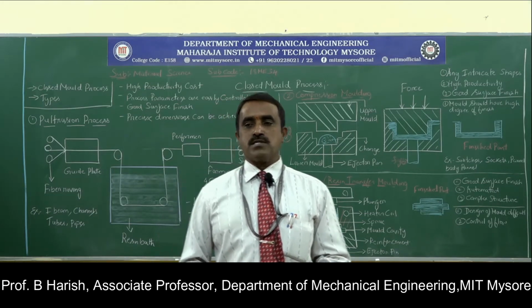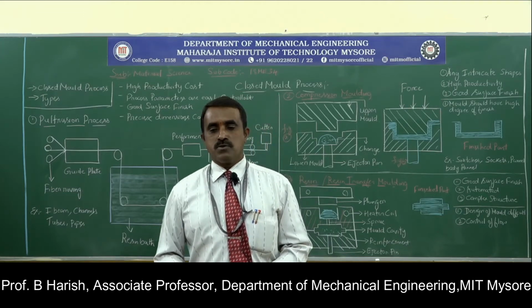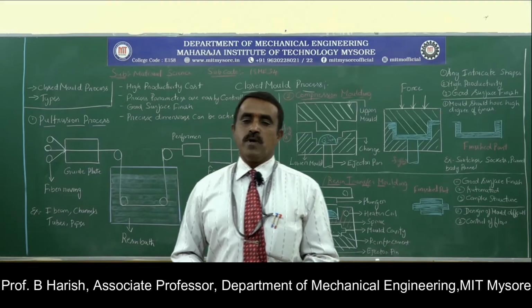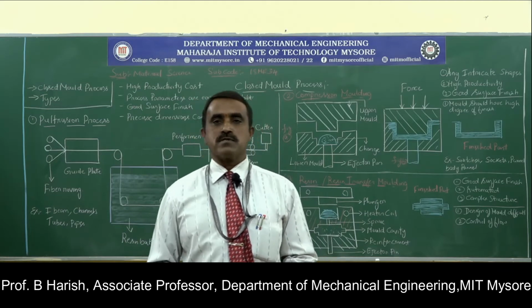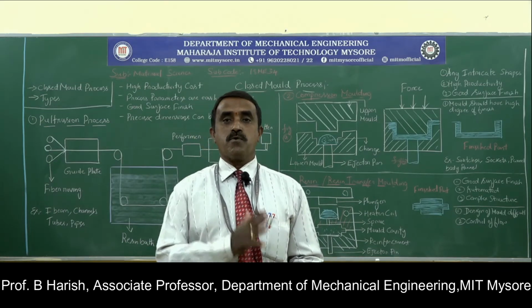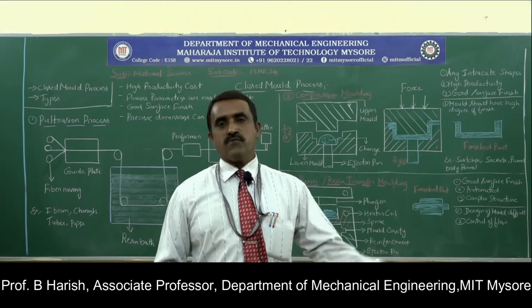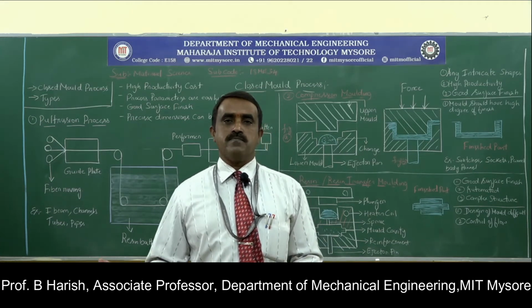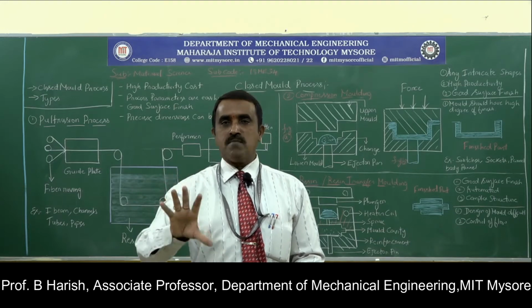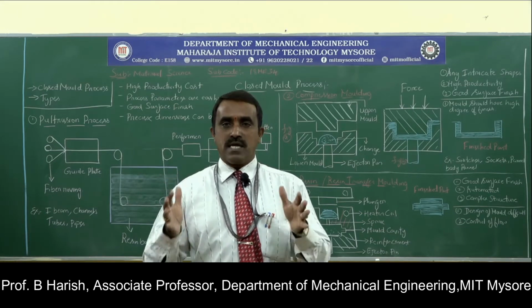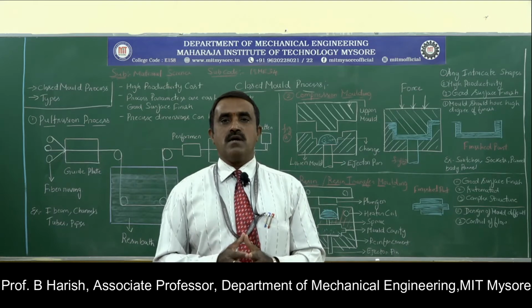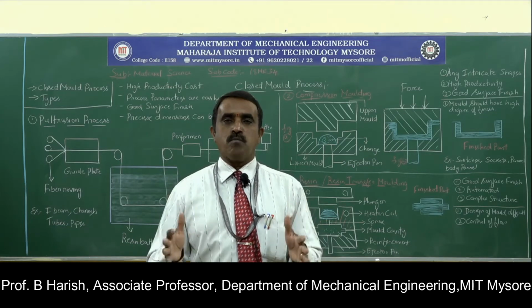Now, for the production of polymer matrix composites, two different methods are used: the open mold process and the closed mold process. What is the difference between them? Whatever the method, we should have a mold box.